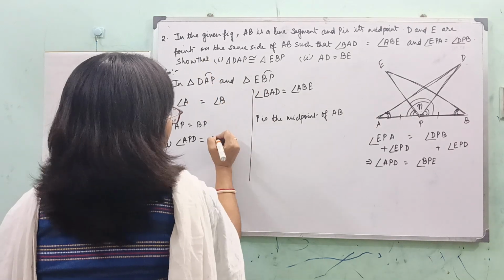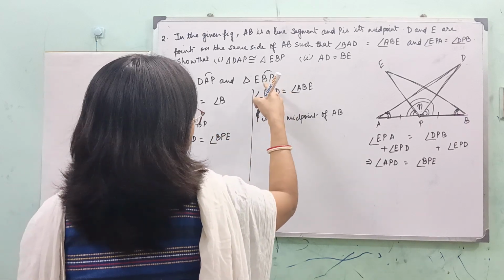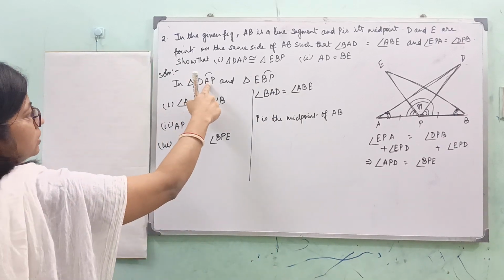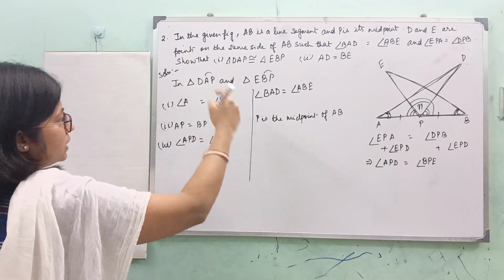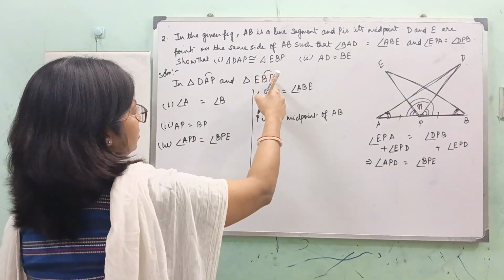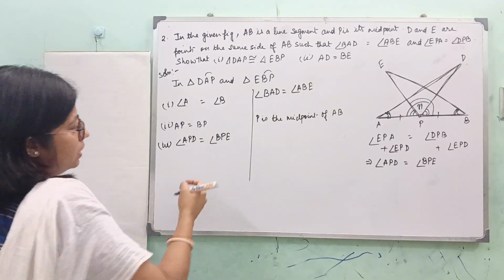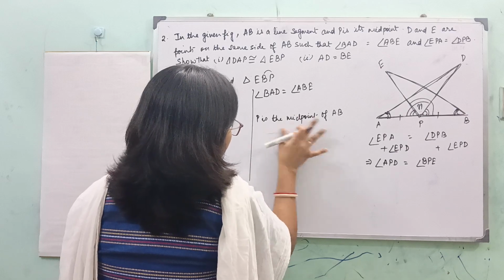Here it is also BPE, so second, third, first. So angle APD is equal to angle BPE. This we will say shown above, or proved above.